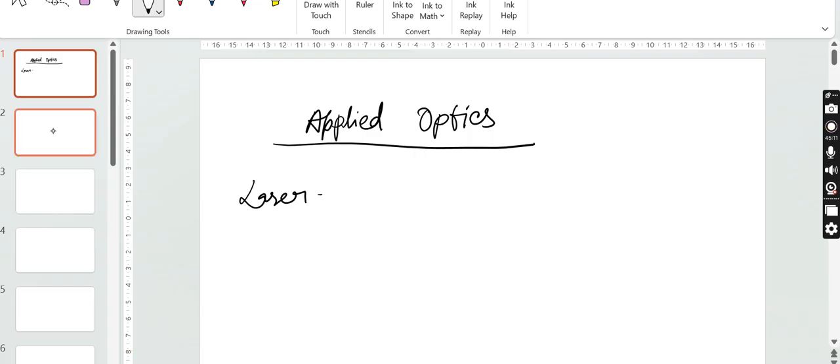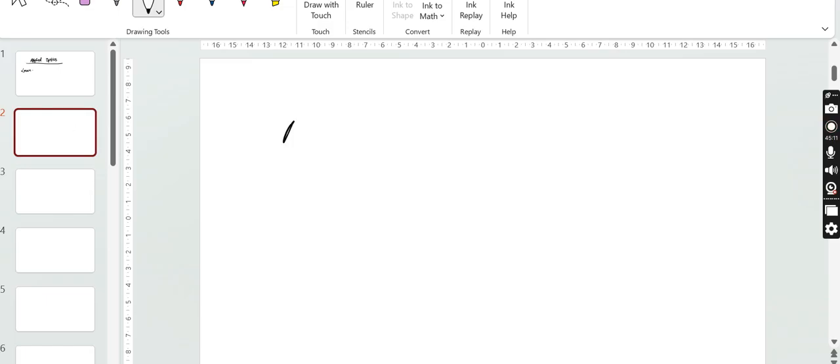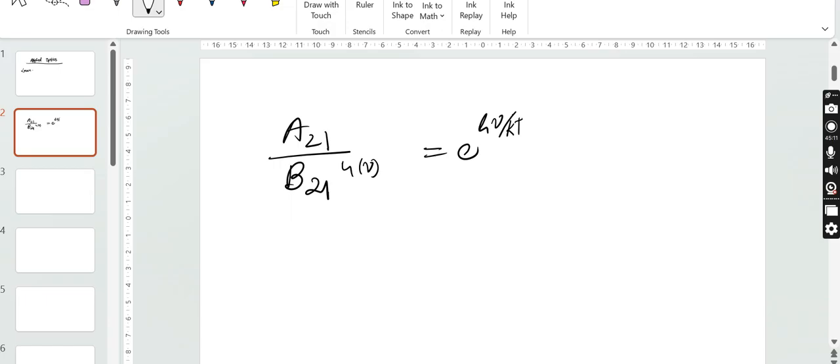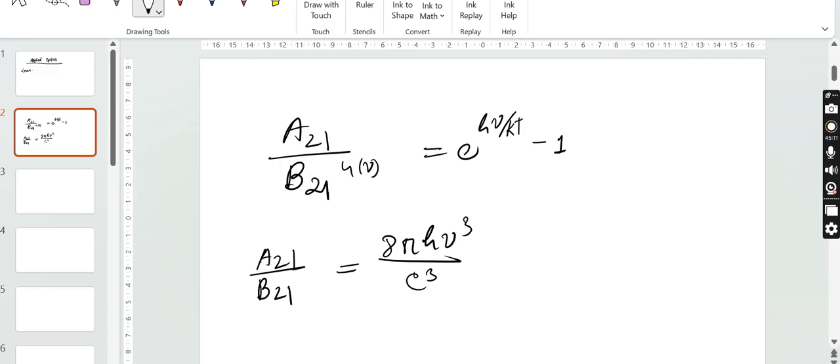We see A21 by B21 is almost equal to 1 by (e to the power h nu by kT minus 1).